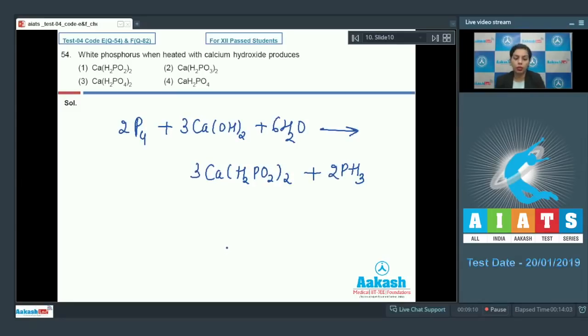This is the reaction that's taking place. So which compound is formed here? The compound that's formed here is this. It is given here in option 1. That's why option 1 is correct.